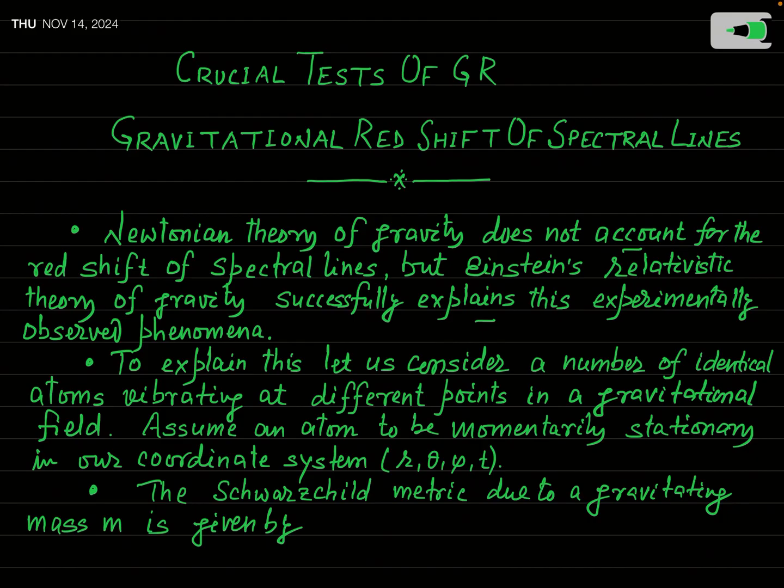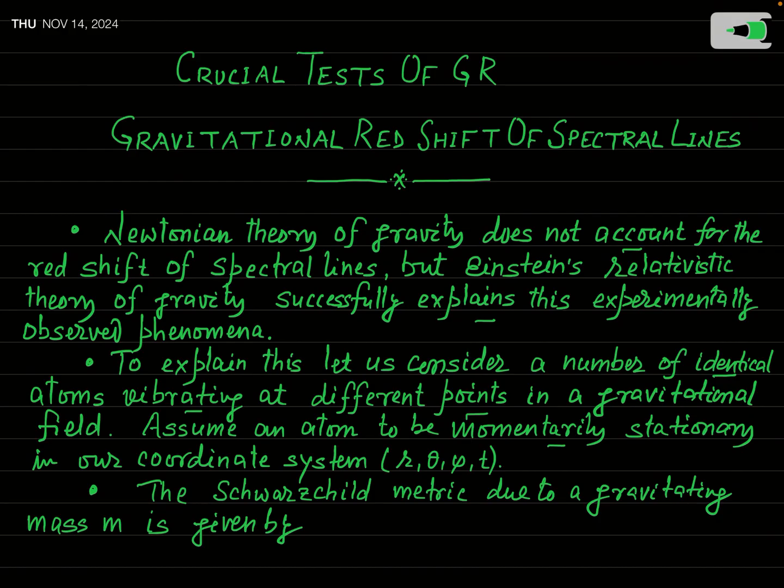To explain this, let us consider a number of identical atoms vibrating at different points in a gravitational field. We also assume that there is an atom which is stationary, or at rest, at a particular moment in our coordinate system, which is a spherical polar coordinate system.